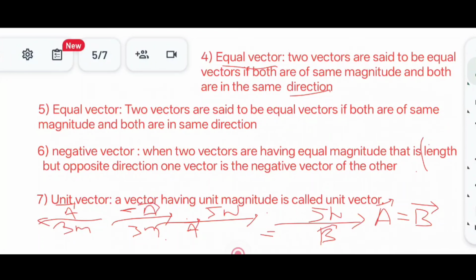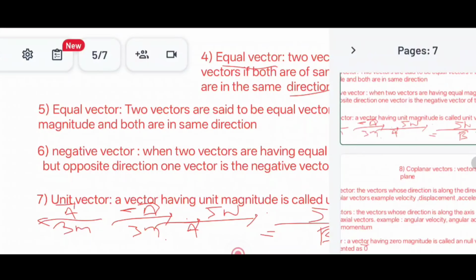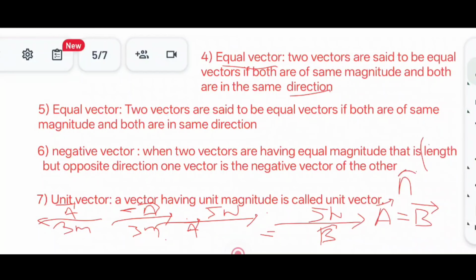Then unit vector. A vector having unit magnitude is called unit vector. It is represented by n cap. I will show in the next slide. n cap is equal to vector A upon modulus of vector A. This is the formula for the unit vector.